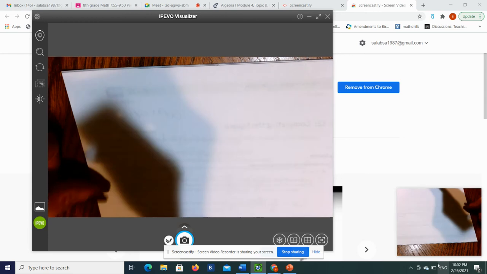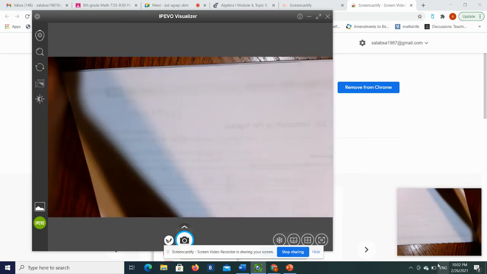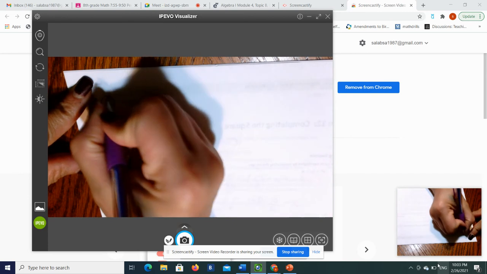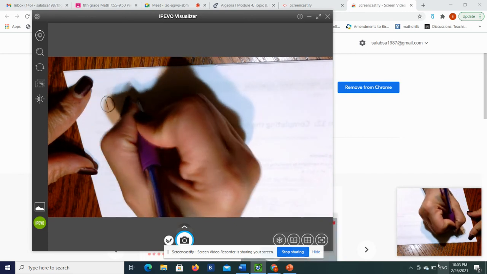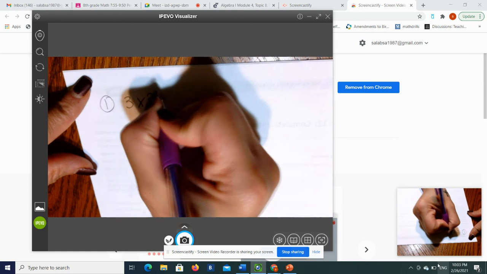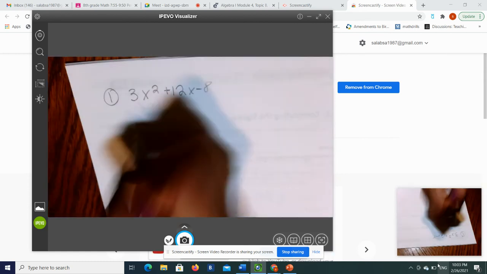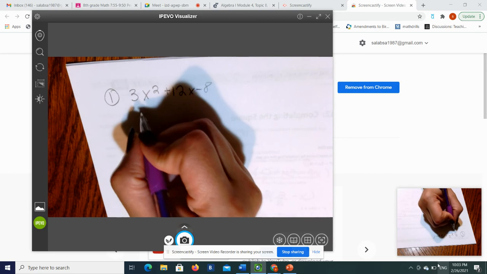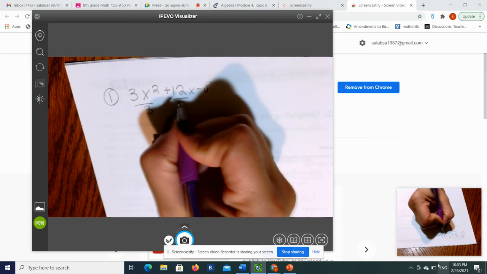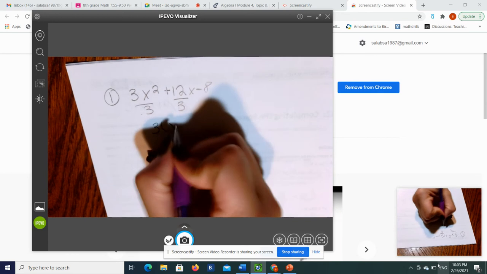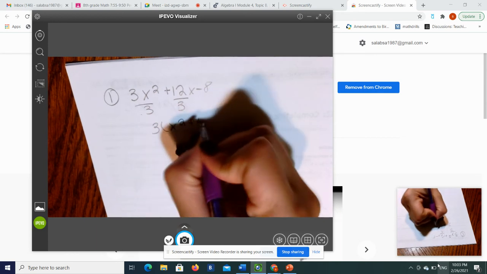So our exercise 1, it says you have 3x squared plus 12x minus 8. Our a is 3, so that means you're going to factor out the 3. So you're dividing across the x's. You have 3 parentheses x squared plus 4x.